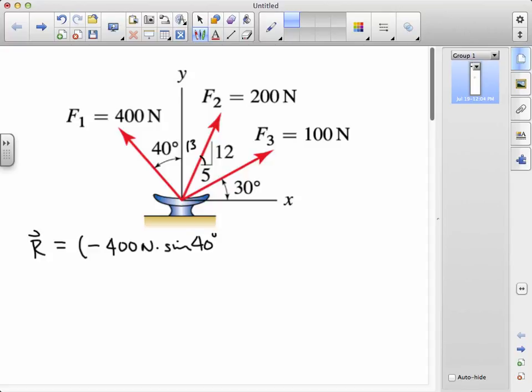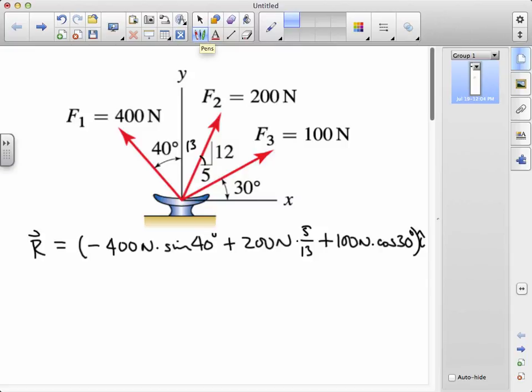And then for F2, we have plus 200 newtons times the cosine of the angle of inclination with the x-axis, but we said that that's 5 over 13, plus 100 newtons cosine of 30 degrees, and all of that is in the i direction.